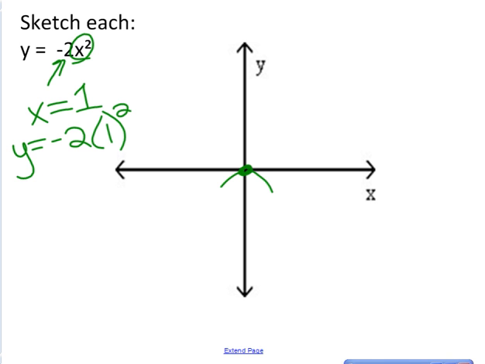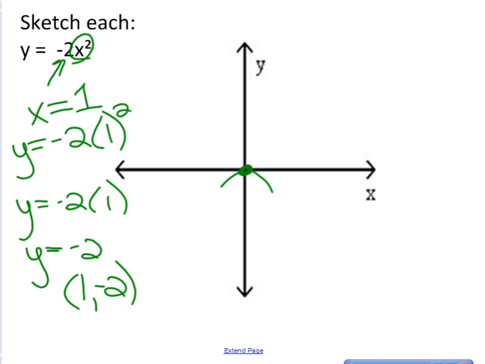So remember, you do the exponent first. 1 squared is 1, and negative 2 times 1 is negative 2. So right now I have the original x value that I chose, which was 1, and the y value, which I found, was negative 2. So I'm going to plot that point, 1, negative 2.